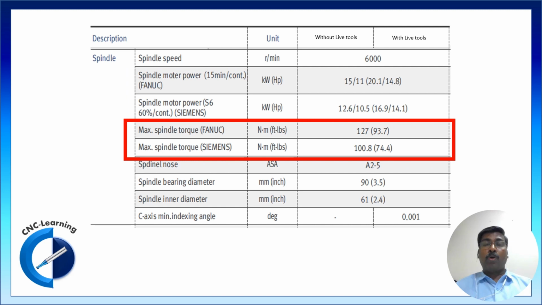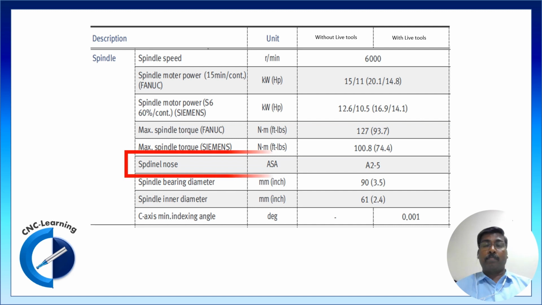And for torque also the same is applied. If it is Fanuc motor, it is 127 Newton meter, and if it is Siemens motor, it is 100.8 Newton meter.